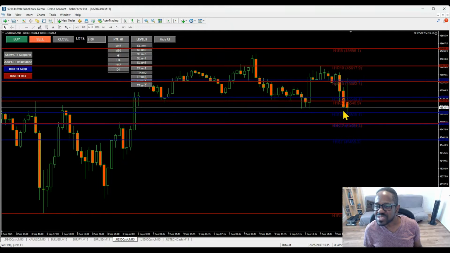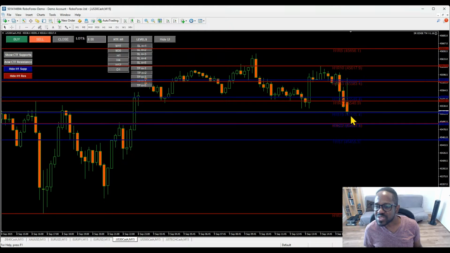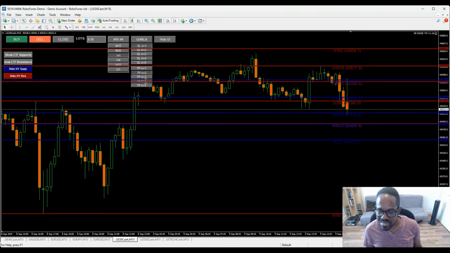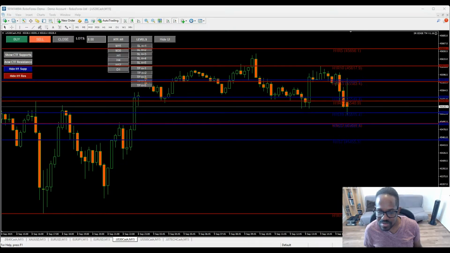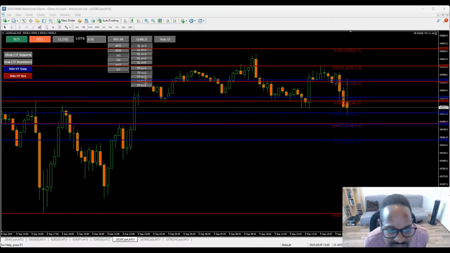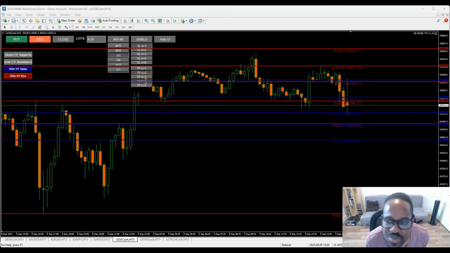But now it's resisting off of an H1 support, but it should be breaking to the downside. So US30 sell, that's what we have here so far. And we have S&P 500 for sell.